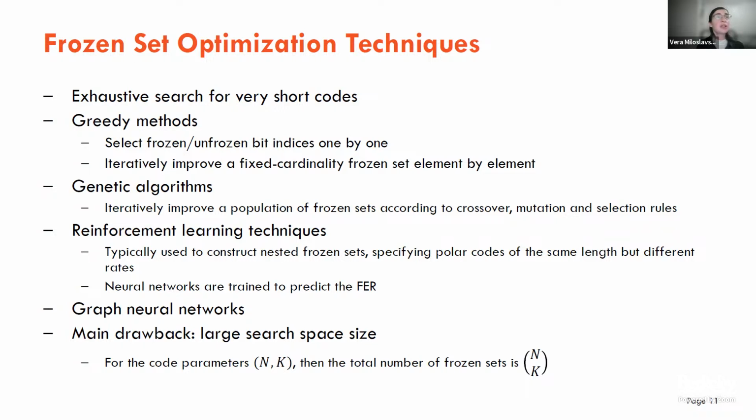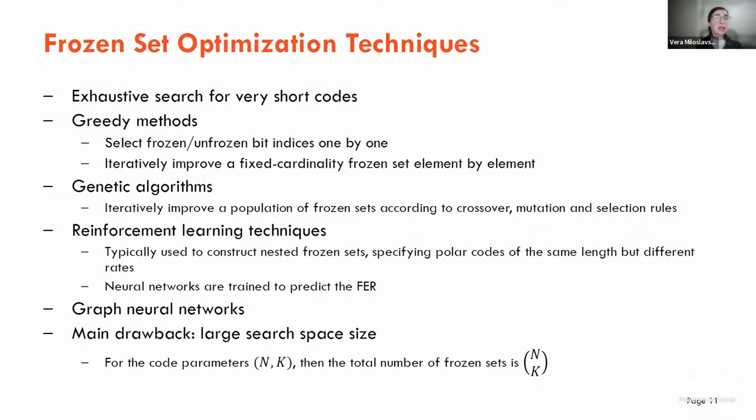Okay, even more sophisticated techniques are there, like reinforcement learning techniques. Such techniques are typically used to construct nested frozen sets, which specify not just one code, but a family of codes of all rates.